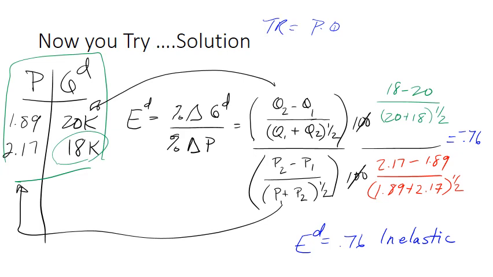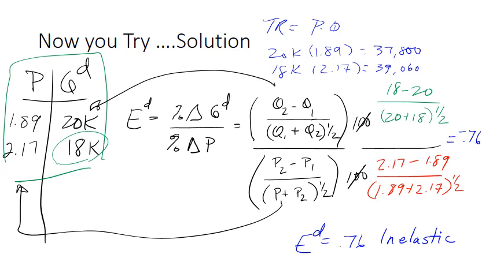The other piece of this question was what's going on with total revenue. Now total revenue, if you'll recall, is just equal to P times Q. So you've got 20,000 times 189 in our scenario number 1, and then we've got 18,000 times 217 in scenario 2. This is going to work out to be 37,800, and this bottom one is going to work out to be 39,060.